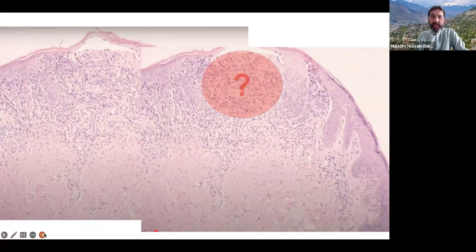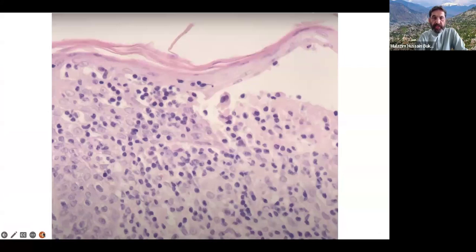So sometimes I have made it round, this is not a ball. These rete ridges are rounded while lymphocytes are present among them, while in other areas it is almost normal. So this is lichen striatus.